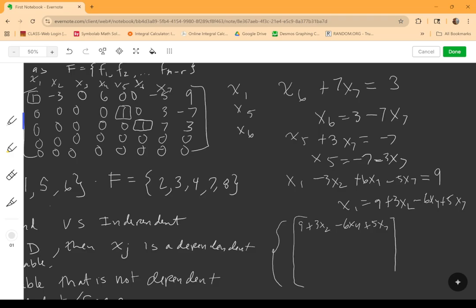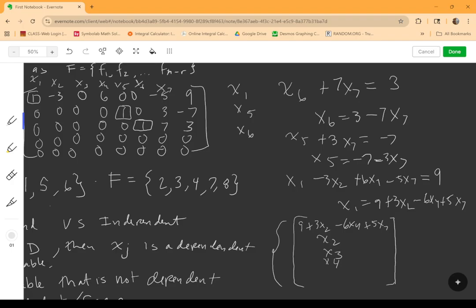That is the value for X1. For X2, that is free, so we just write it as X2. X3 is also free, so we write X3. X4 also free, so that is X4.